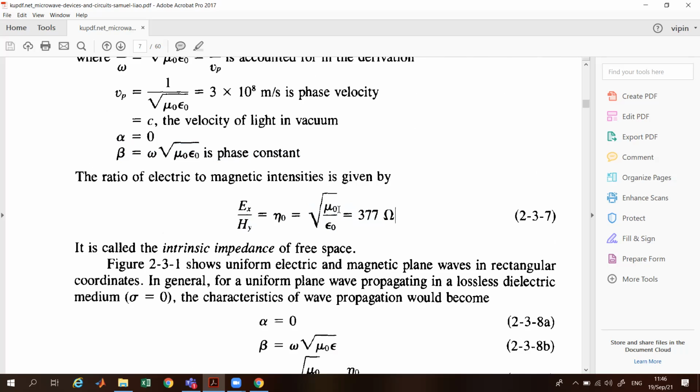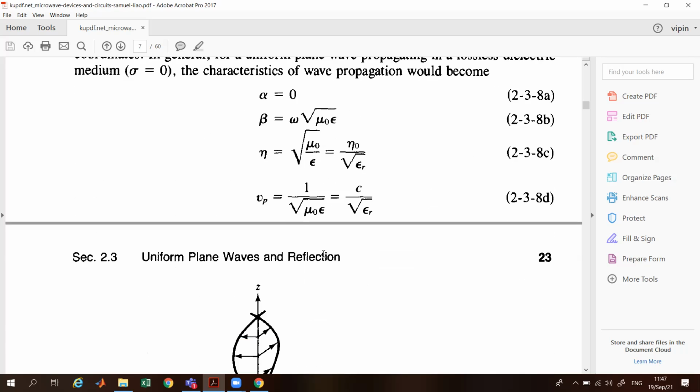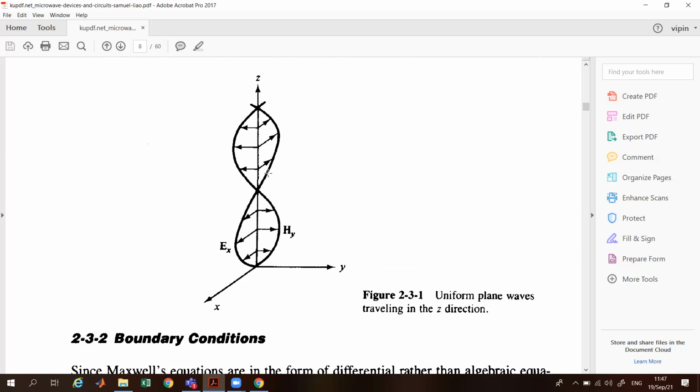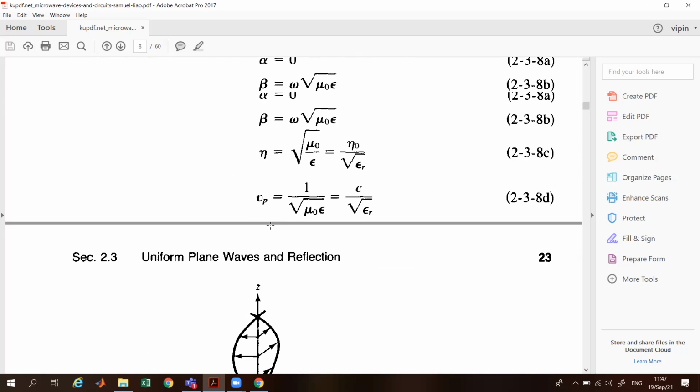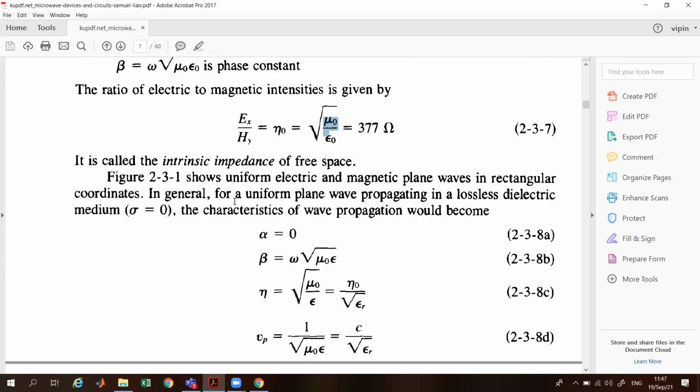We are in free space, that's why mu equals mu naught and epsilon equals epsilon naught. So this is the waveform shown here, showing uniform electric and magnetic waves in rectangular coordinates.